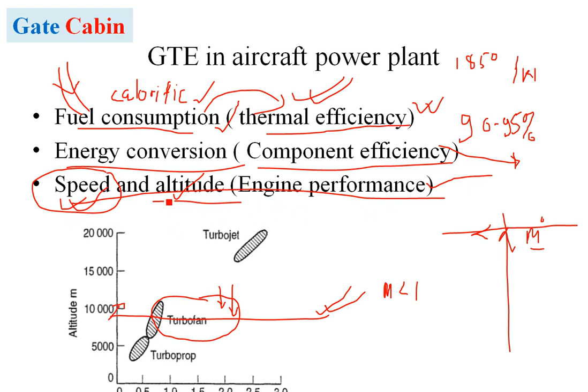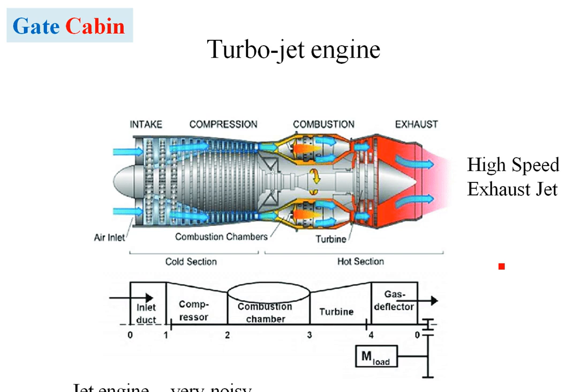Thermal efficiency also has to deal with the thrust and thrust specific fuel consumption. Then coming to the first engine that we are going to talk about here, which is the turbojet engine.